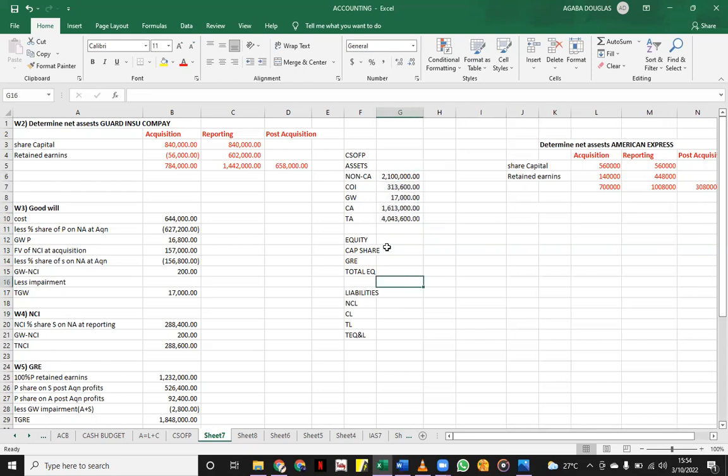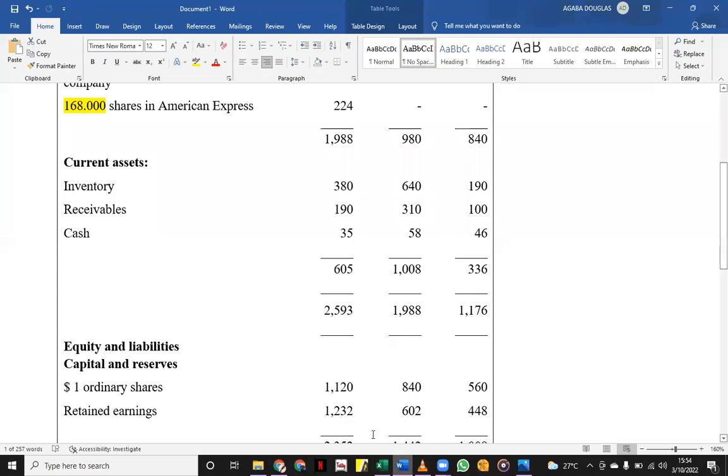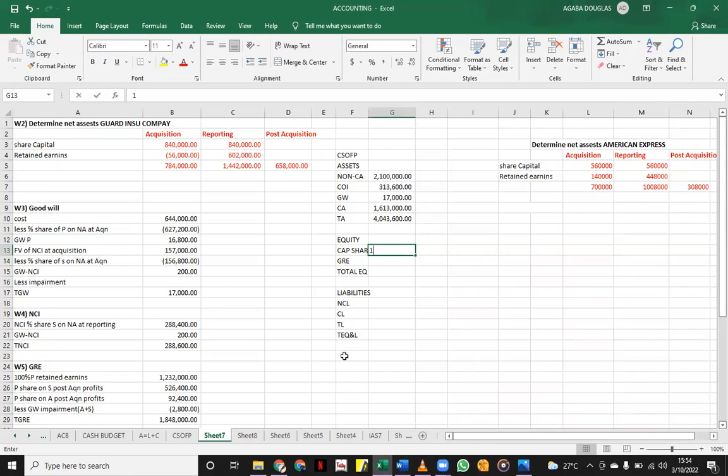So we have that. Then we'll come to our equity, and we know we are taking 100%. Just a moment. We are taking 100% of the parent's share capital. So it's 1,120,000. So we'll come and we'll put 1,120,000.